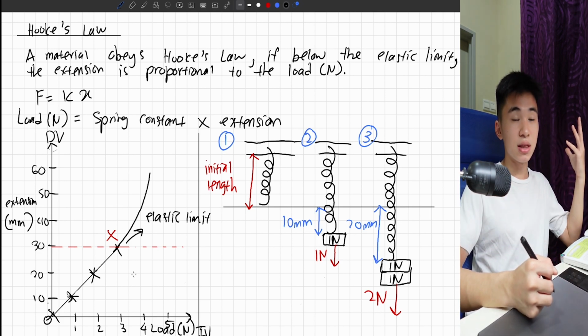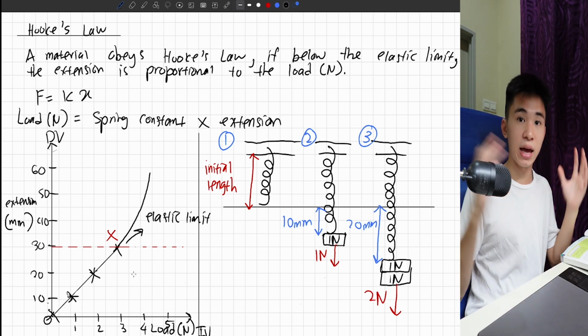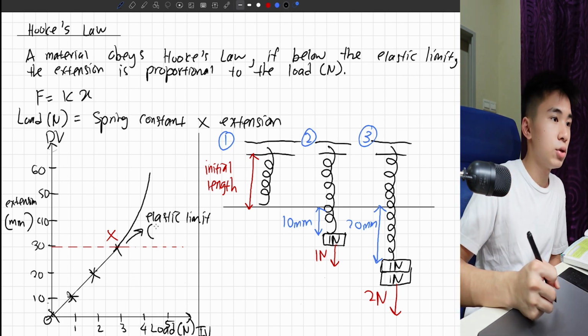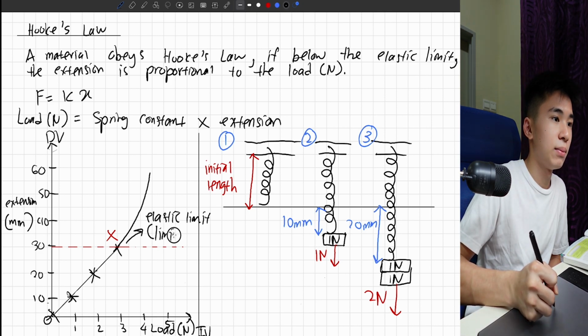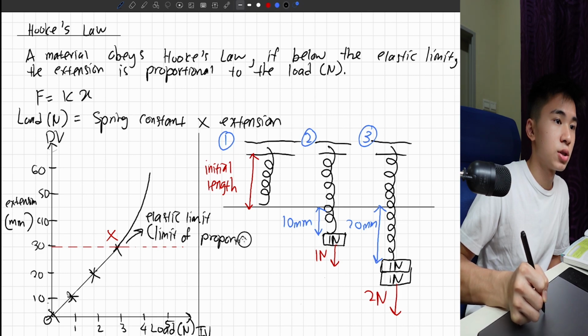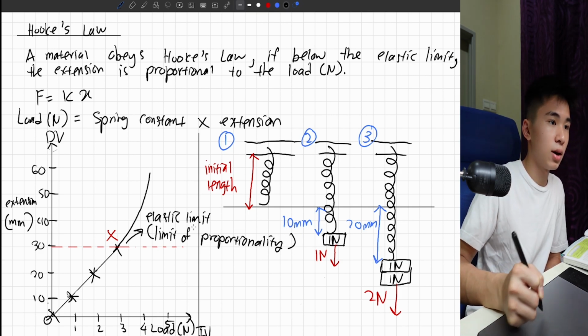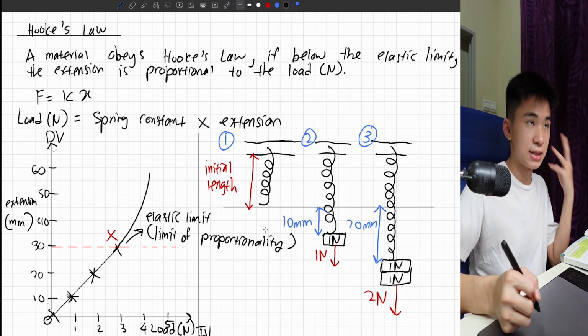But when it crosses the elastic limit, it will not go back to its own original length and original form. And also we can call this the limit of proportionality. Okay? Limit of proportionality.